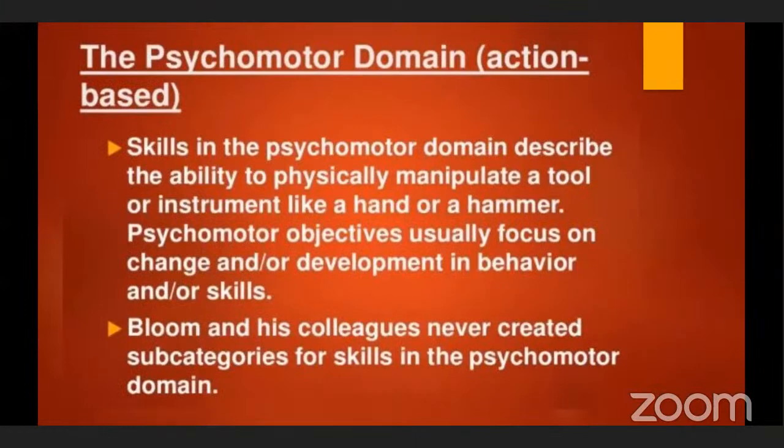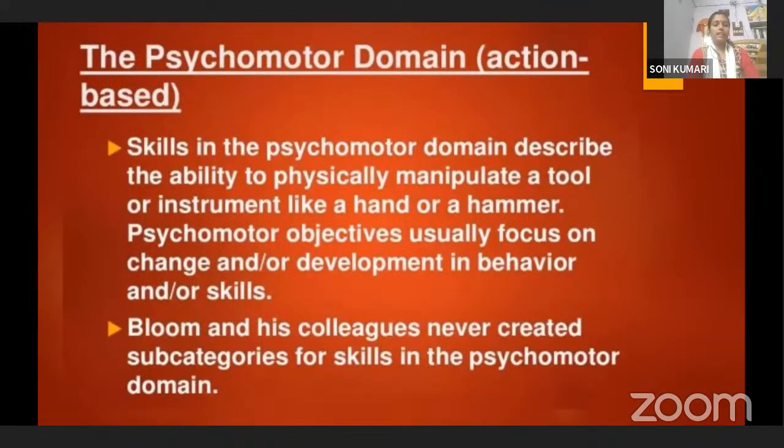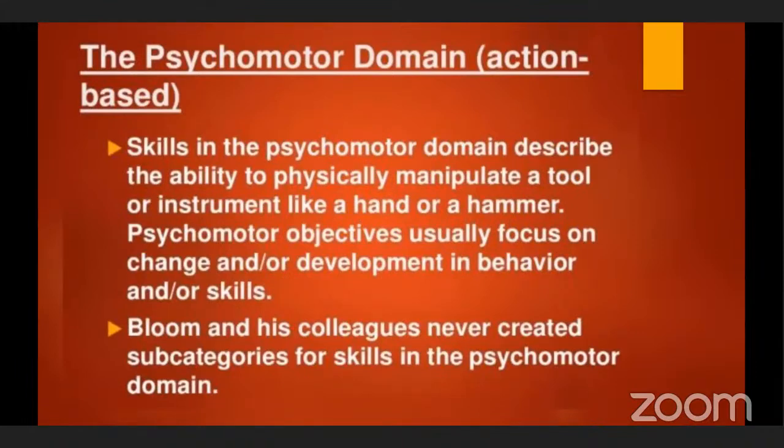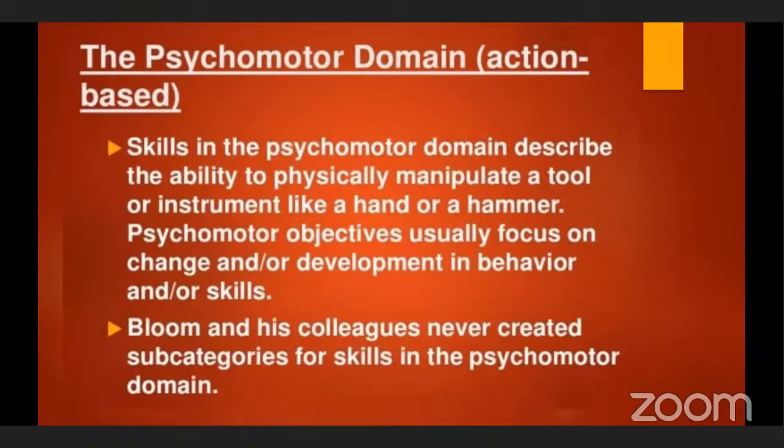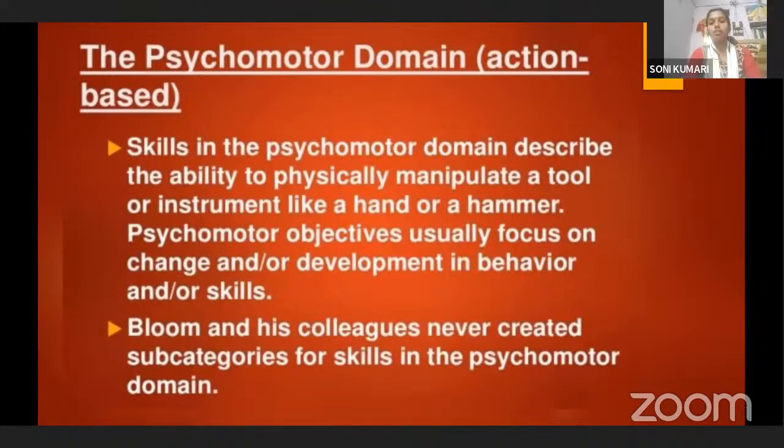Now, I want to explain the last one, characterizing. Characterizing is the word used to identify anything. That is called characterizing.